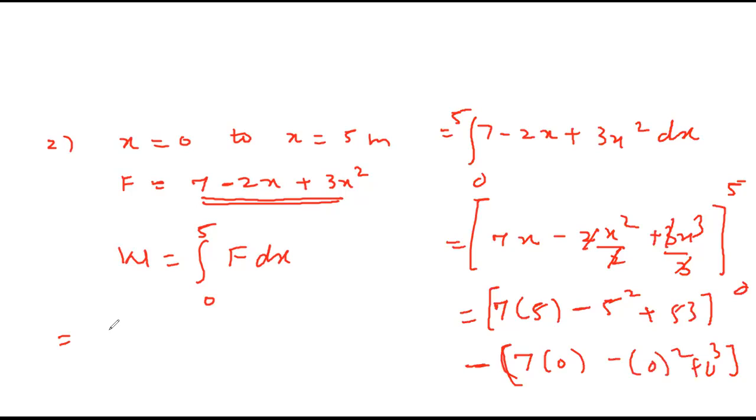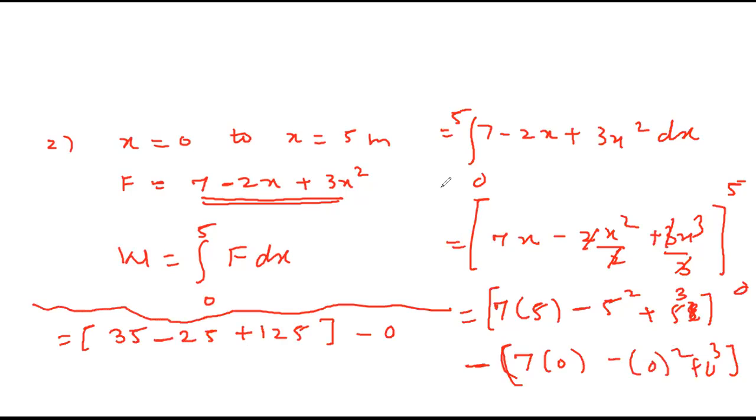So 7 into 5 is 35, minus 5 square 25, plus 5 cube, so plus 125, and this other term will become entirely 0. So this is 10 plus 125, 135 joule. Check, we have this option, 135 joule. Yes, sir, that is the required answer, 135 joule.